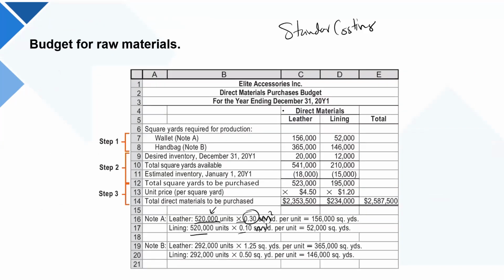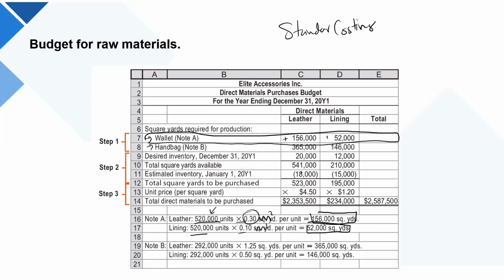And I get the required material for each of the products. So if I go to leather and lining, which are my two materials here, I have wallets and then handbags, and I have the 156,000 here, and the 52,000 here. So this will be the estimated raw materials used for this one.